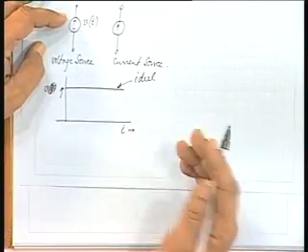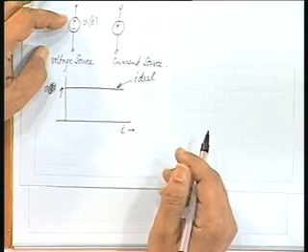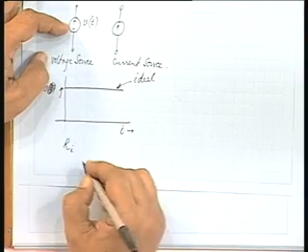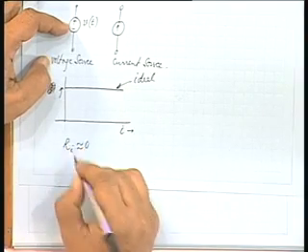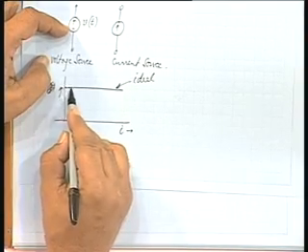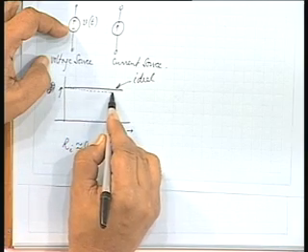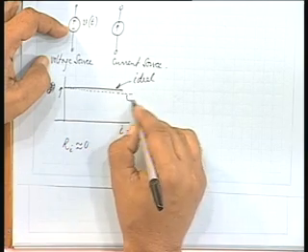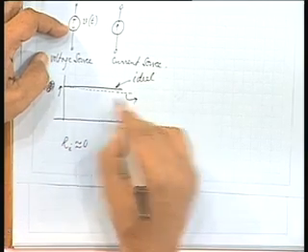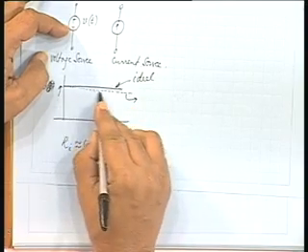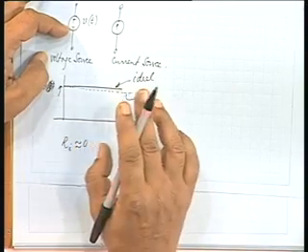As you keep on drawing more and more of current, in reality there will be more and more of internal drop. So, there is an internal resistance which we approximate to 0 provided this drop is very negligible. So, the actual characteristics will be drooping, the voltage will be dropping with the current.